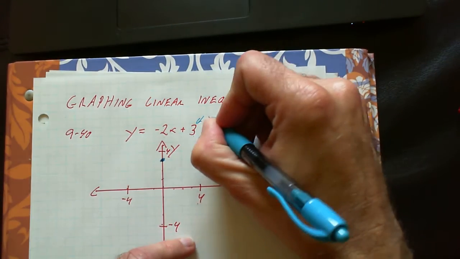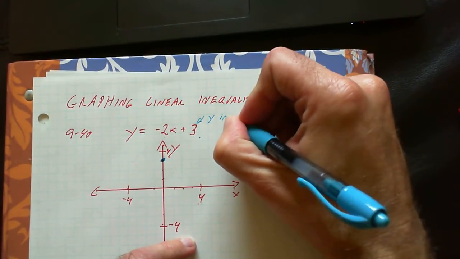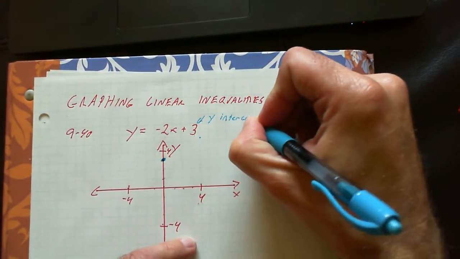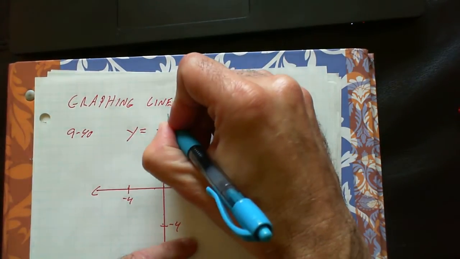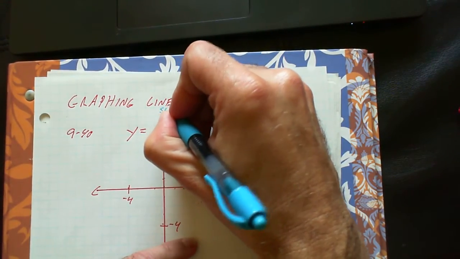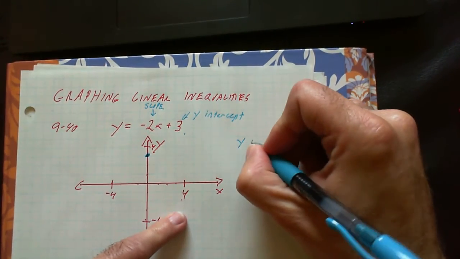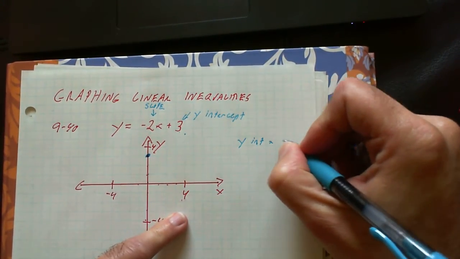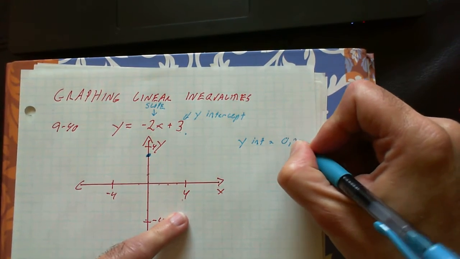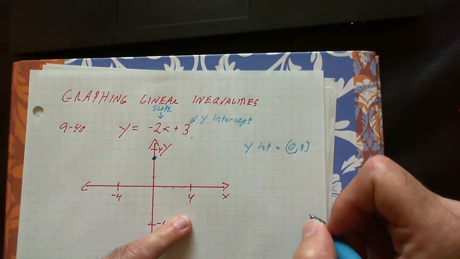This here is the y-intercept. That's review. And this here is the slope. So we can write the y-intercept is equal to (0, 3). You can write it like that if you want.